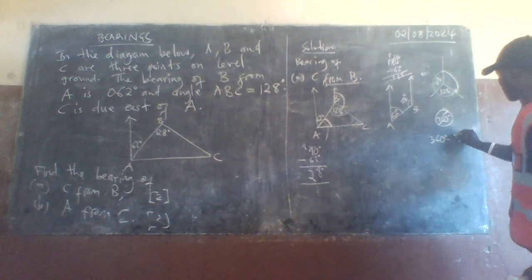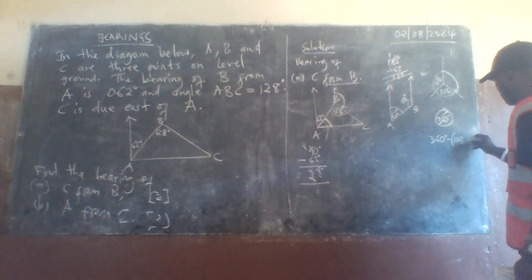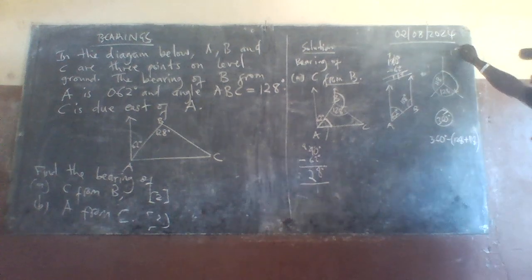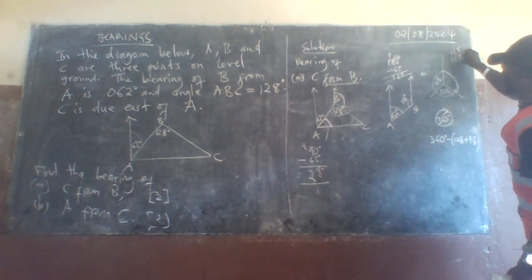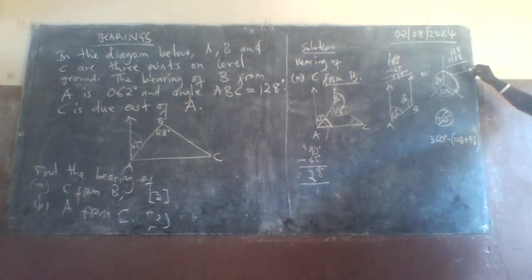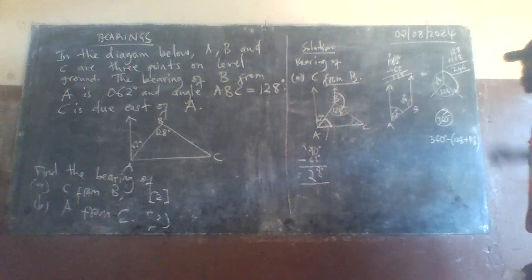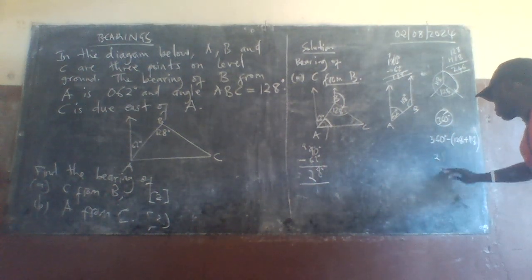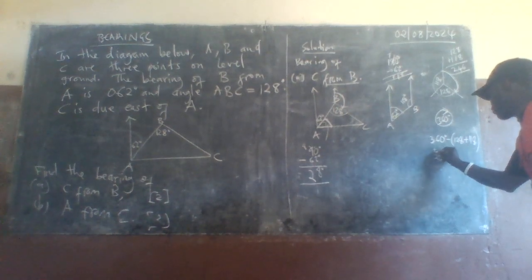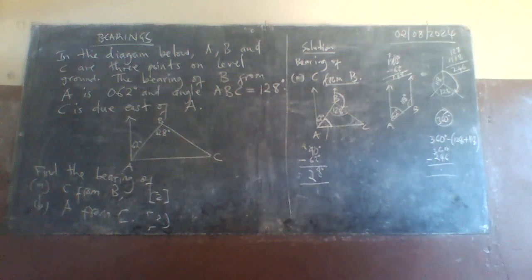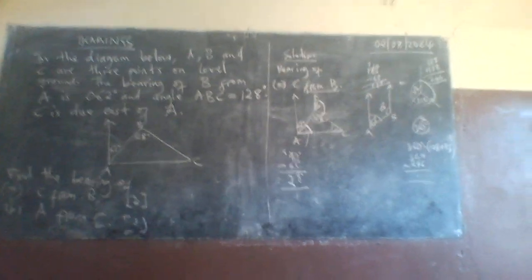So adding those two, 128 plus 118, gives us 246. 246 is being subtracted from 360.